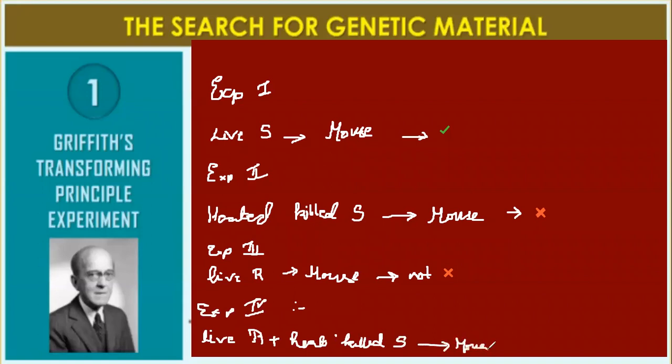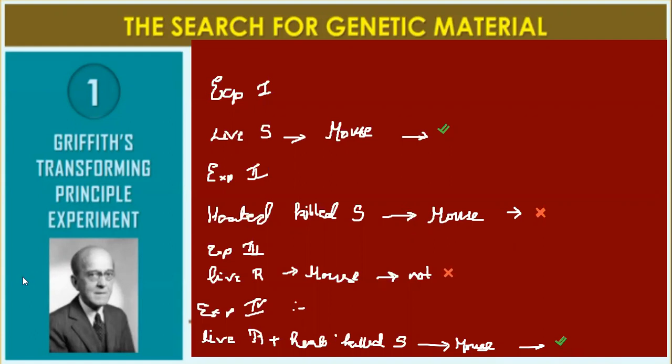What happened? The mouse got affected. He concluded that the live R bacteria can change its character in the presence of dead S-type bacteria, and this is known as bacterial transformation.